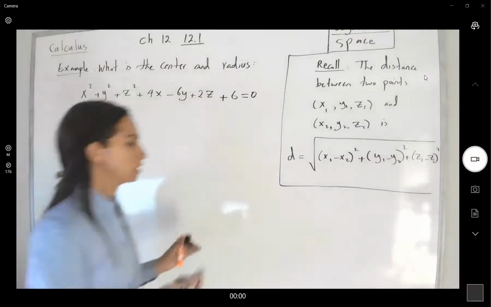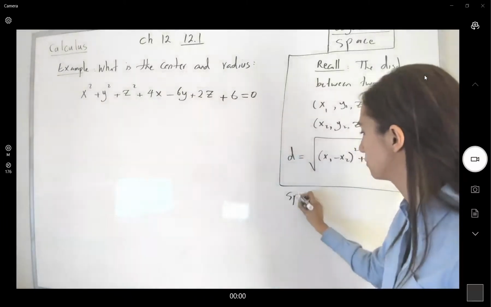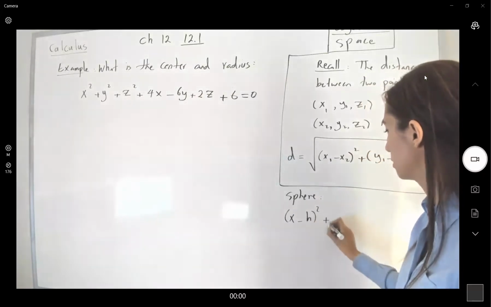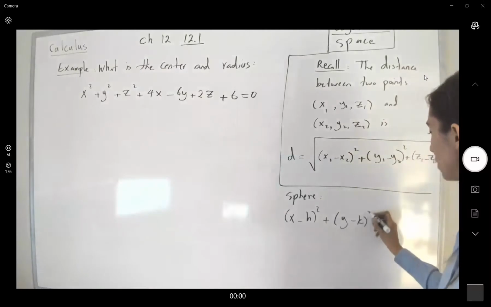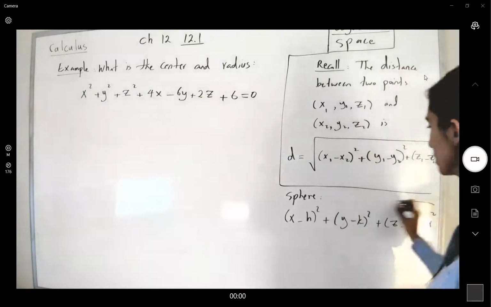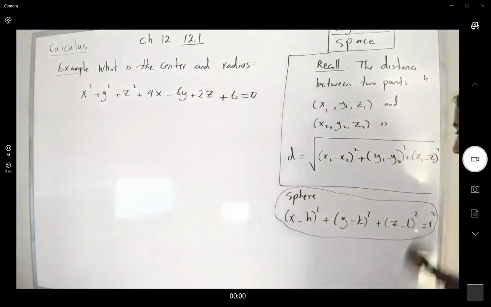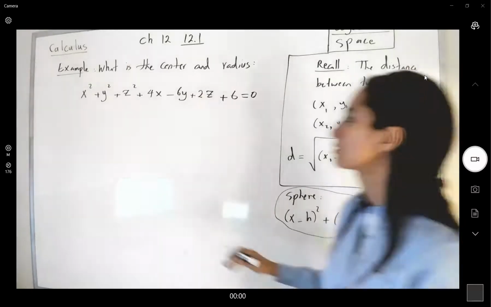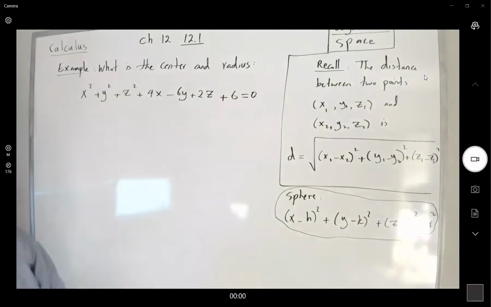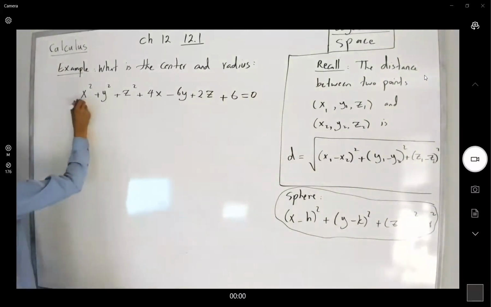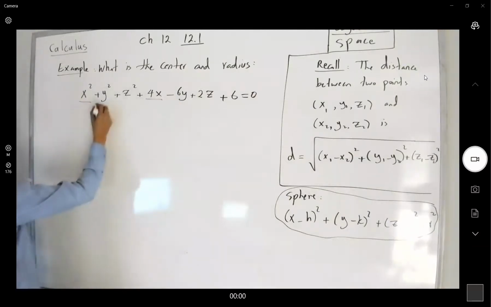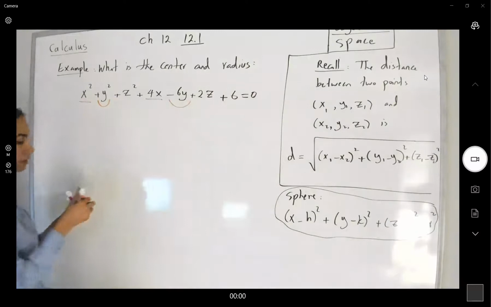So remember that when you're dealing with a sphere, it is x minus h squared plus y minus k squared plus z minus l squared equals r squared. This is our sphere. But this one is written in expanded form. Let us rearrange these. Write all x terms next to each other, then y terms next to each other, and then z terms.